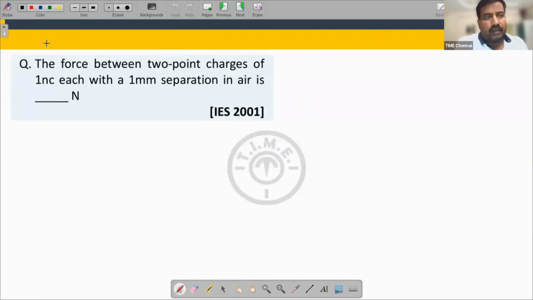Now we'll discuss a question on force between point charges. Can someone tell me the answer for this?